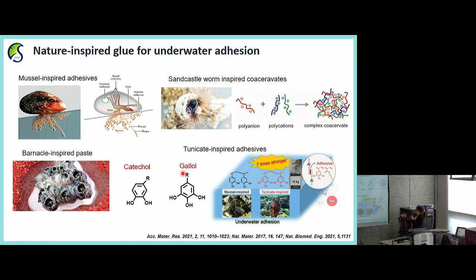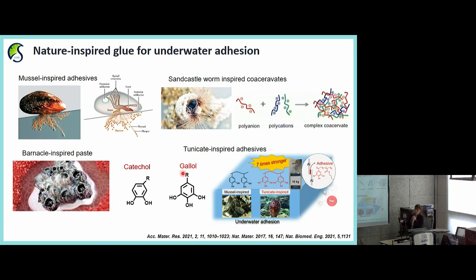Other creatures like the sandcastle worm or barnacle also secrete polymeric and sticky materials for their life. The other ocean creatures here are the tunicates. Tunicates also have a chemical moiety called gallol. The gallol has three hydroxyl groups and a benzene ring. The only difference is one more hydroxyl group compared to catechol.